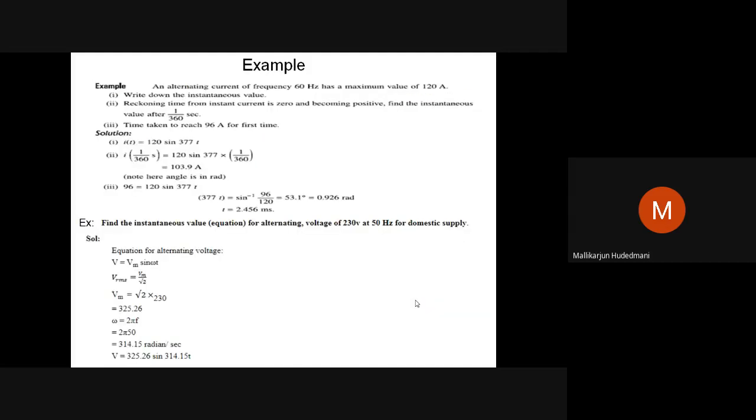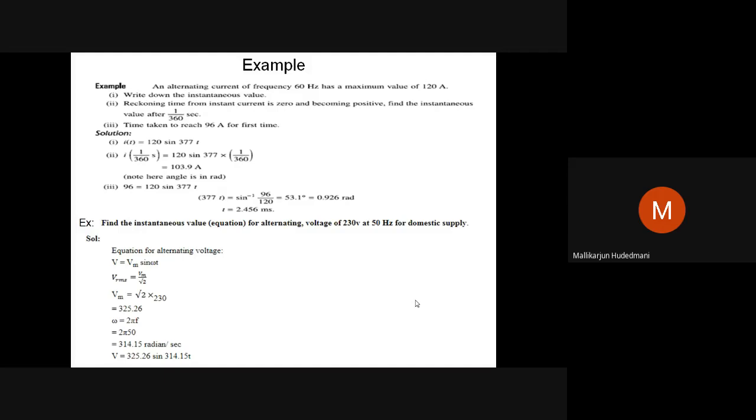Okay. Next, this example: an alternating current has a frequency of 60 hertz and a maximum value of 120. Write down the instantaneous value expression for that. We can surely write it. 120 is the peak value and frequency is 60 hertz. Omega is 2 pi f, 2 pi into 60.